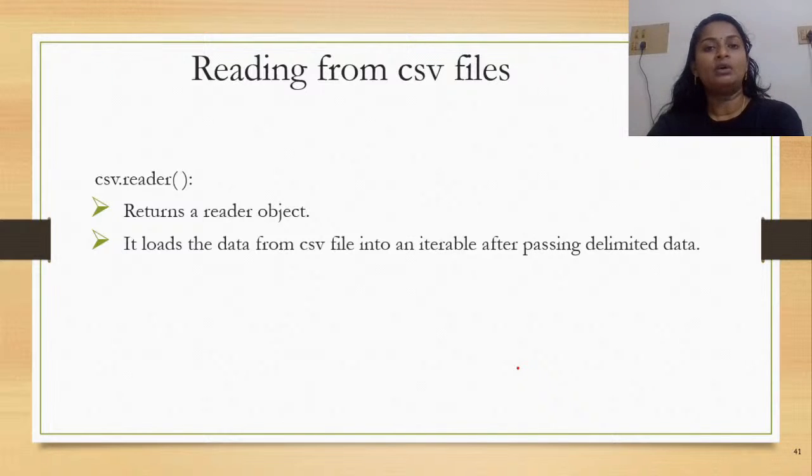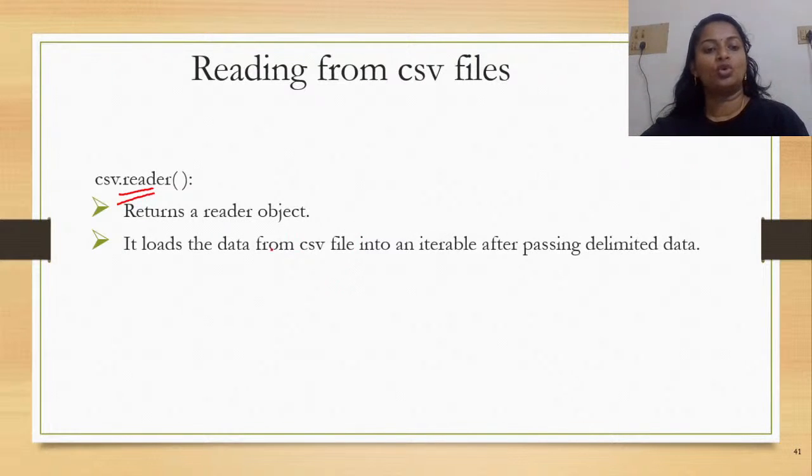Now we are going to learn the reading operation from the CSV file. See here, the function that we are going to use for reading is csv.reader. This is going to return a reader object. If a writer was returning a writer object, definitely reader would be returning a reader object.